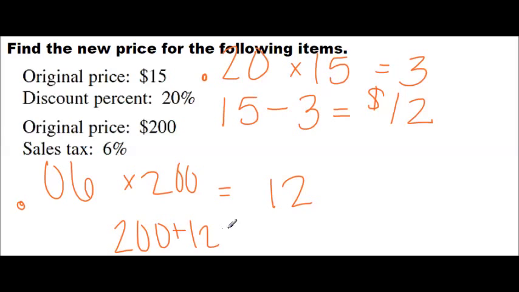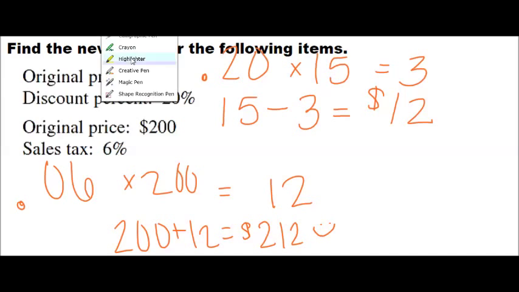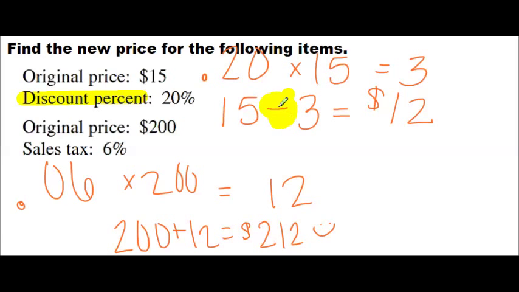Discount is an amount that you are taking off, an amount that you are saving. If it's an employee discount, maybe you have a coupon, who knows why, but you're going to be saving $3 on that item. So discount is subtraction. Sales tax is the opposite. Sales tax is addition. It's an amount added to the price. So you have to know what you spend in order to figure that out.